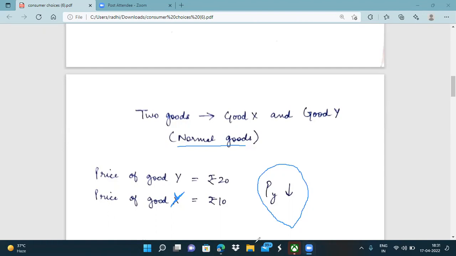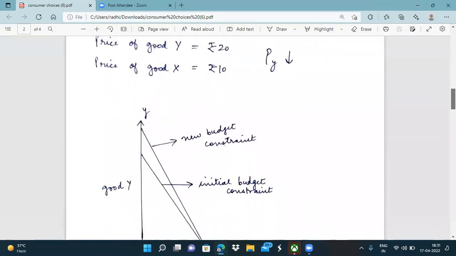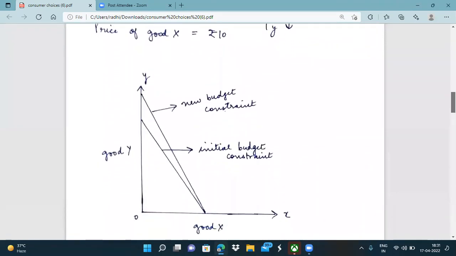So now, what will happen when the price of good Y falls? As a consumer, we will notice that the budget line will rotate. It will have an outward rotation because the price has fallen and the consumer is now able to afford more of good Y at the same level of income.